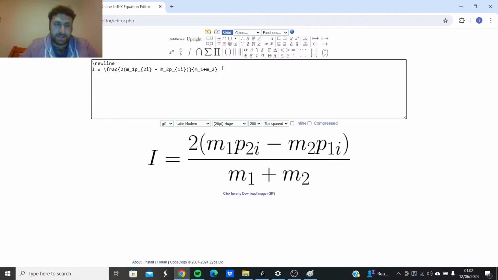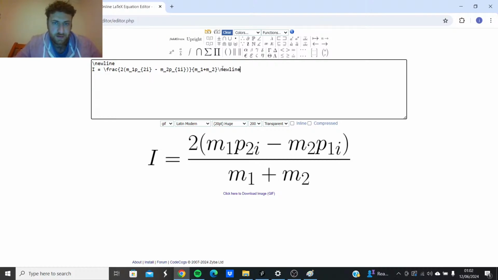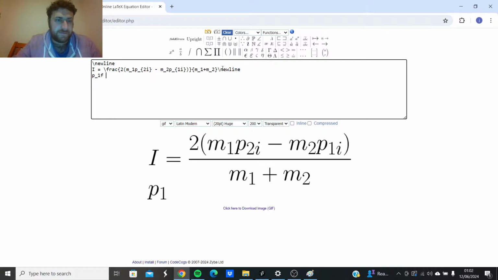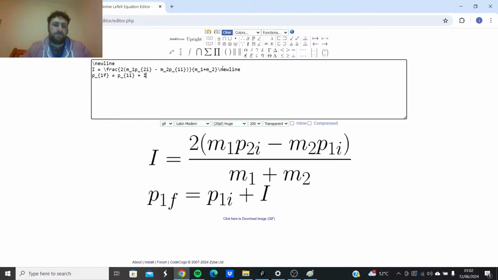this is the change in momentum. We know P1F equals P1I plus I, right? So in order to get the velocity, we need to divide both sides of this by mass 1, right?